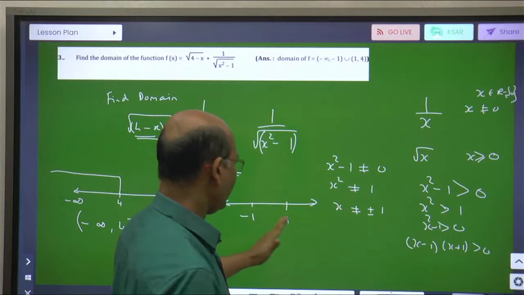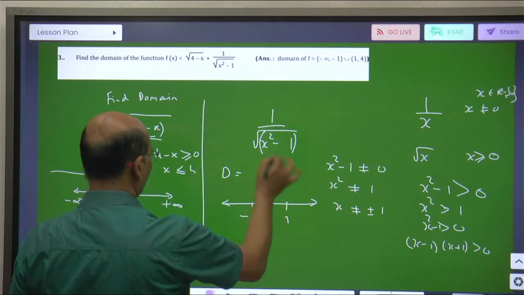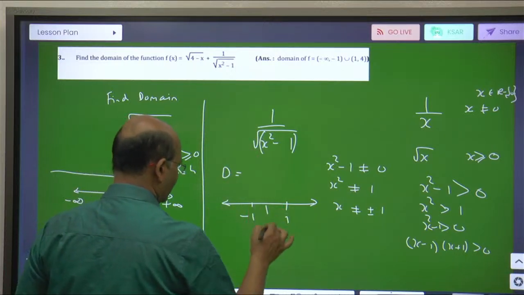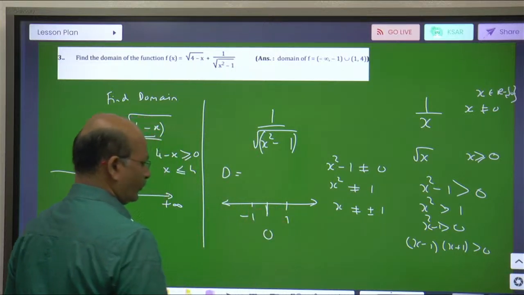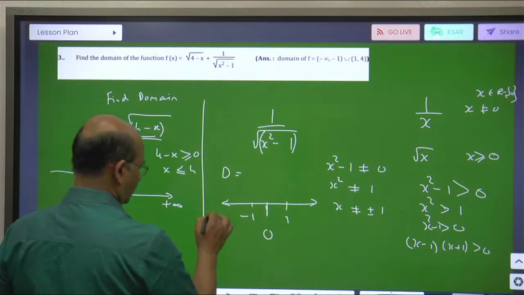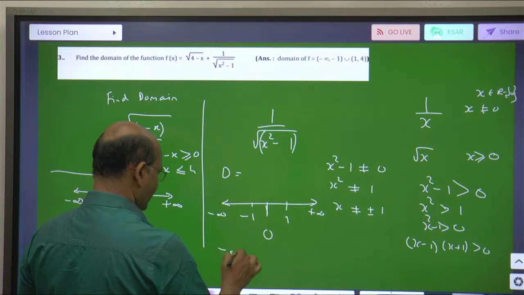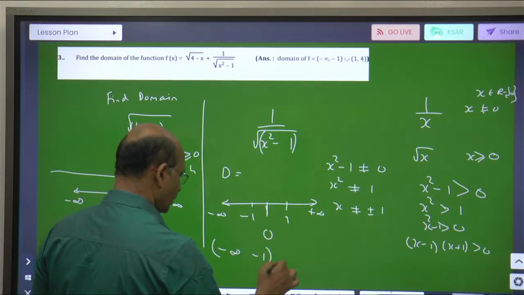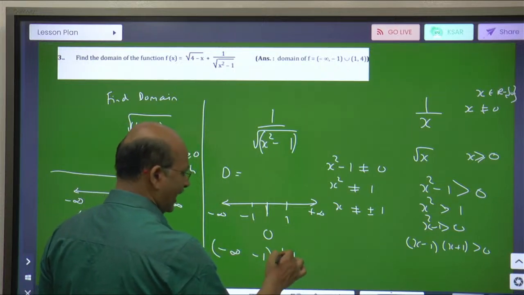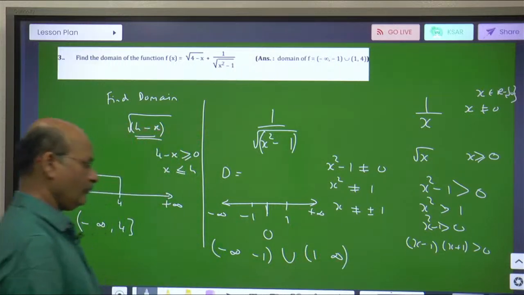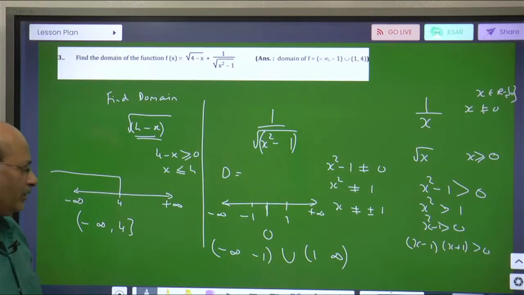Very important, and it cannot be 0 also, because the denominator cannot be 0. So if you look at this, 0 is over here. Now what is this? This is minus infinity, this is plus infinity. So this is minus infinity to minus 1, and 1 to infinity. I hope you got this point clear.